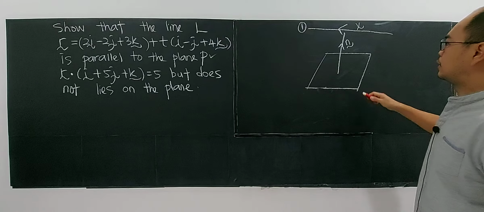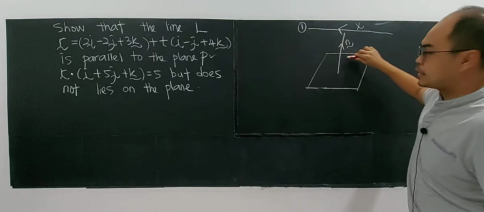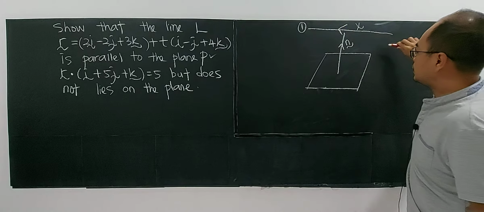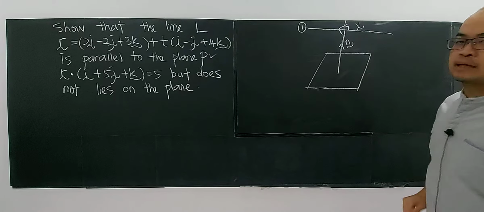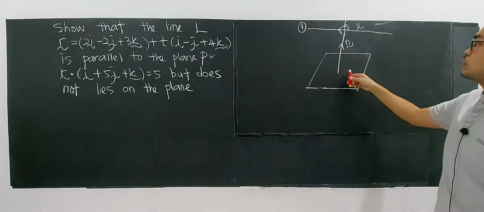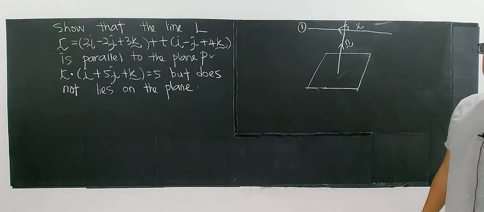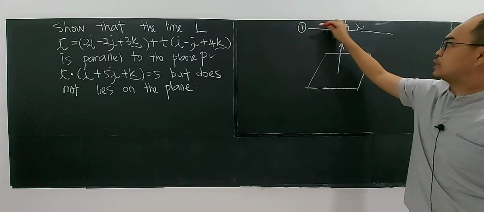If this line is parallel to the plane, the direction of the line will be perpendicular to the normal. Very easy, right? Because this is the normal, this is the direction of the line. The directions of this normal and this line will definitely be 90 degrees if this line is parallel to the plane.